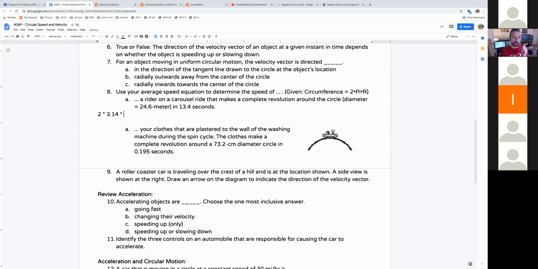2 pi times the radius. How do I find the radius? They gave me diameter. Divide by 2. Divide what by 2? The diameter. Thank you. So 24.6 meters divided by 2, right?